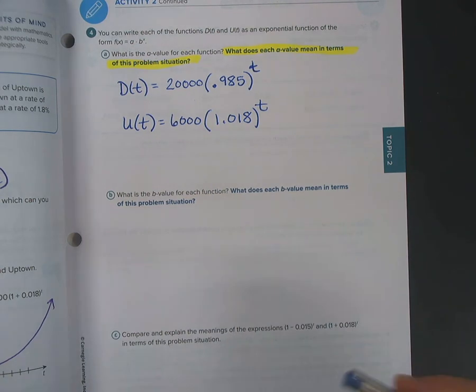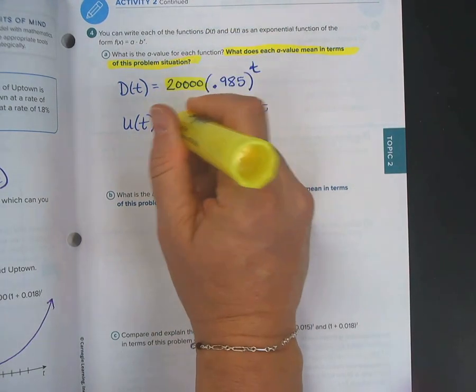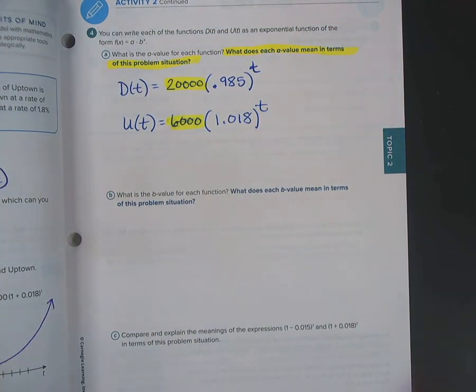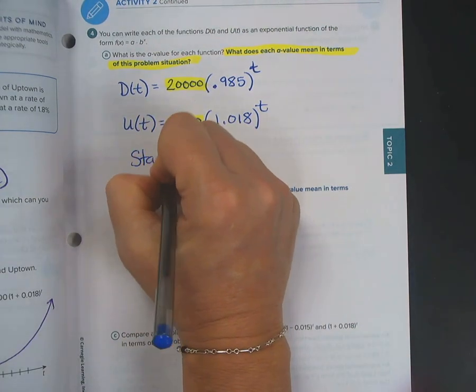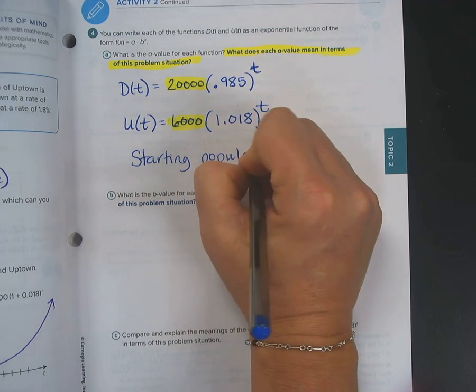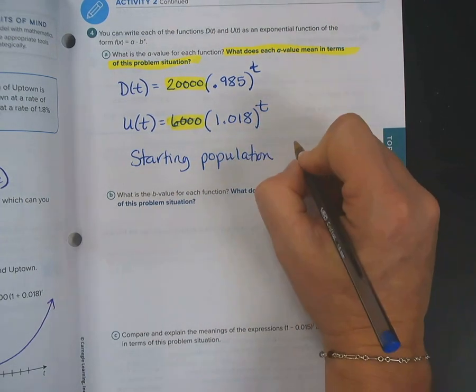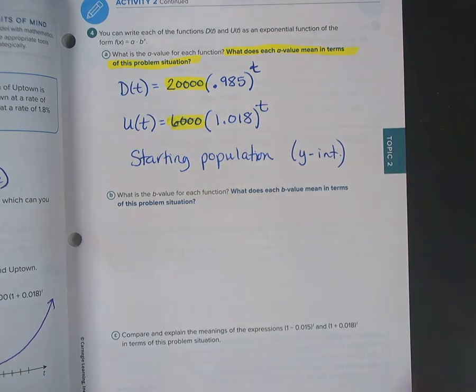What's the a value? Oh, the y-intercept, but in the problem situation, what does it represent? Starting population. Very good. It's our starting population. That's what it means in terms of the problem situation. But in the context of the graph, it's our y-intercept.